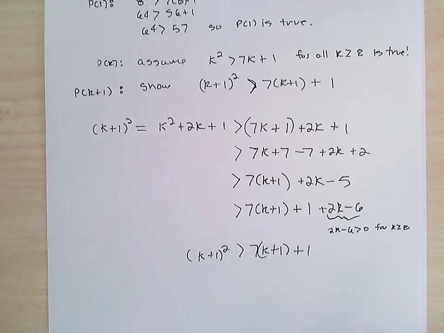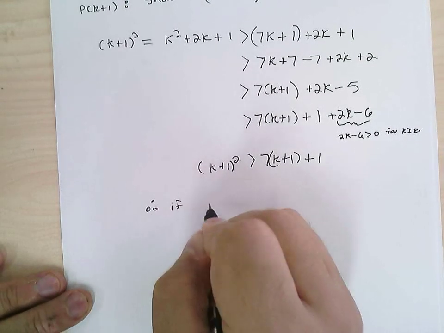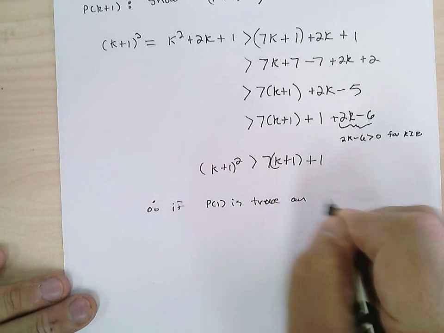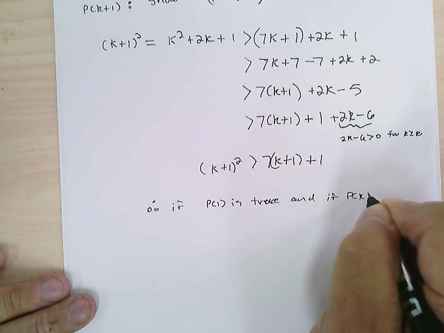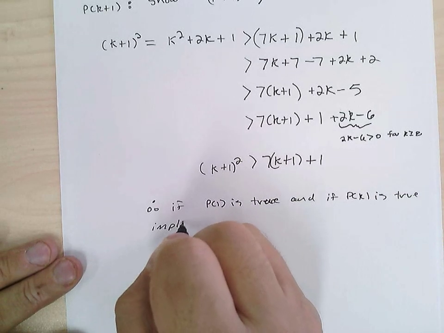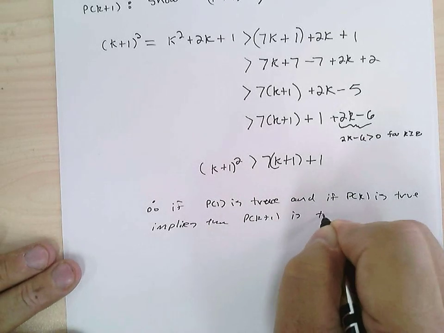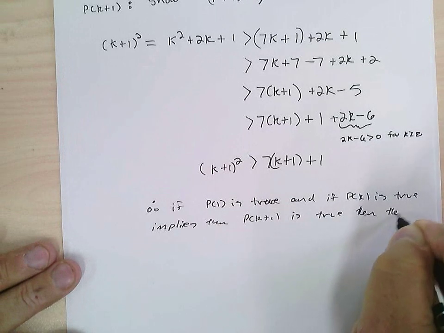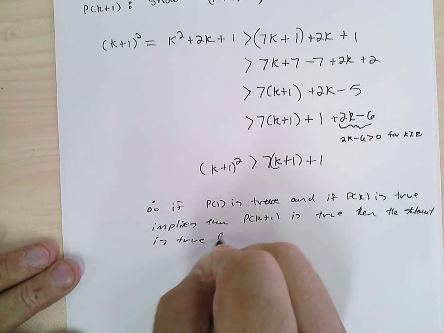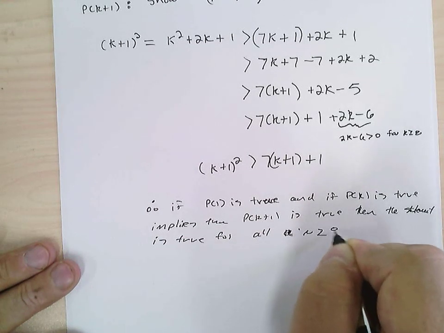And then I have to finish off the proof with my statement, and I can say, therefore, if P of 1 is true, and if P of k is true, implies that P of k plus 1 is true, then the statement is true for all k, I should say, n greater than or equal to 8.